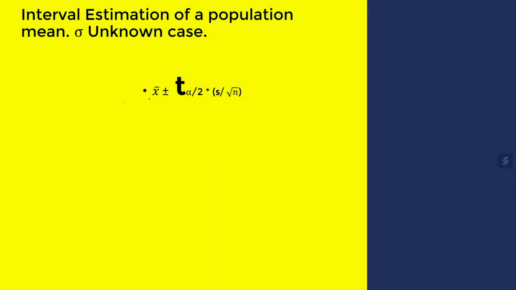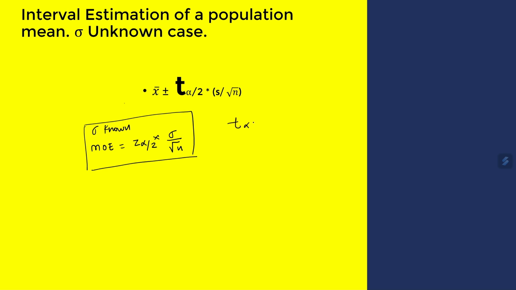Now we know that in the sigma known case, we use the margin of error z alpha by 2 into sigma divided by root n. But in the sigma unknown case, we use t alpha by 2 into s divided by root n. The sigma is replaced by s in this case.